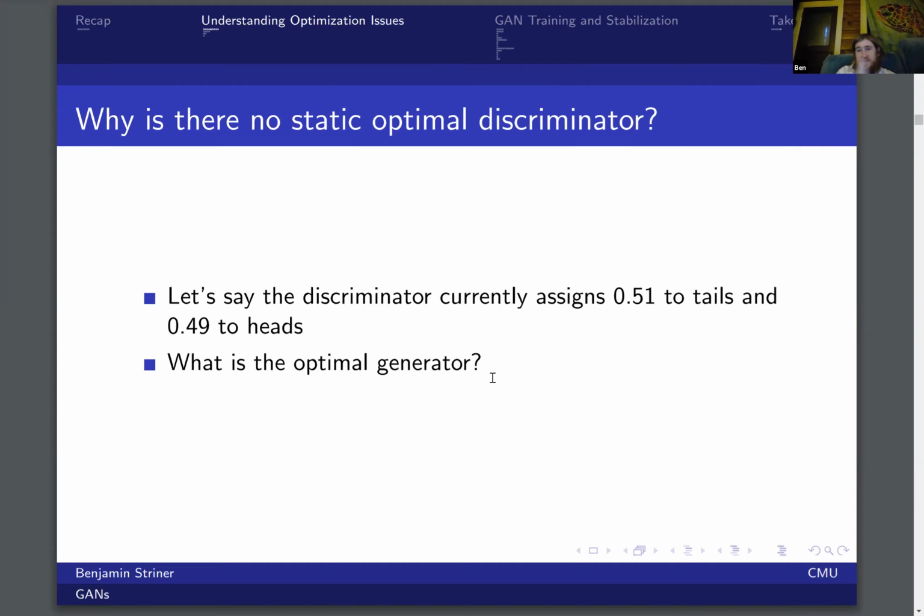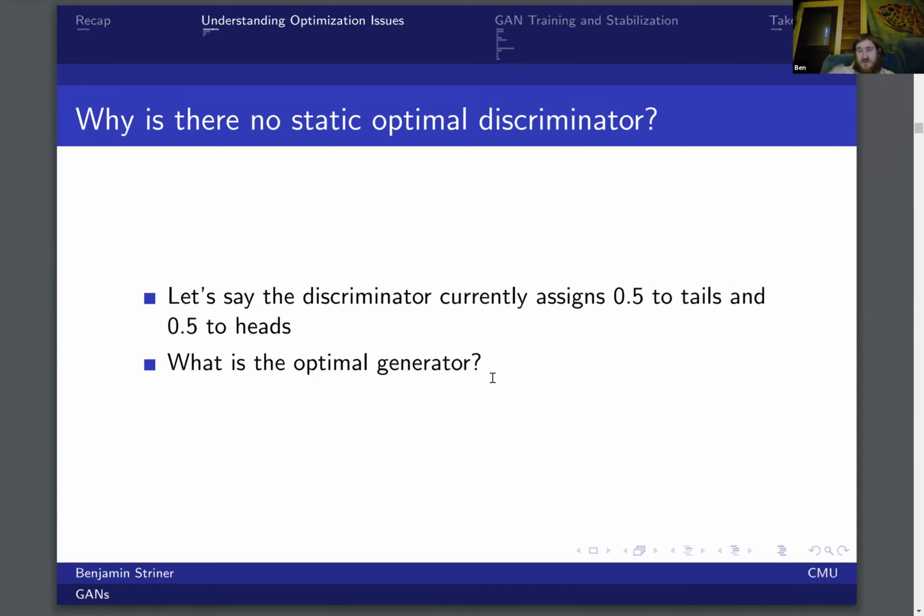And the flip side, if your discriminator was 51 to heads and 49 to tails, then the optimal generator would put everything into tails. Because tails is 51, heads is 49. So exactly like rock, paper, scissors, it would go all the way into tails.